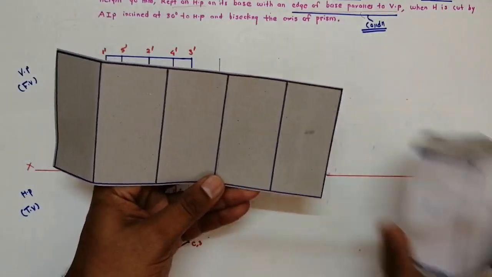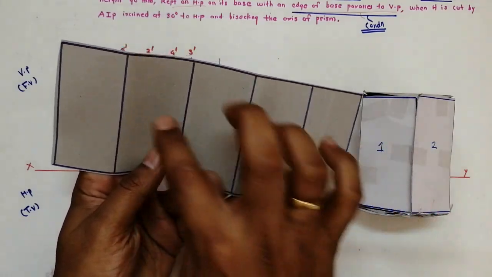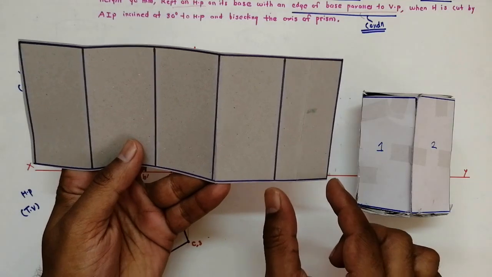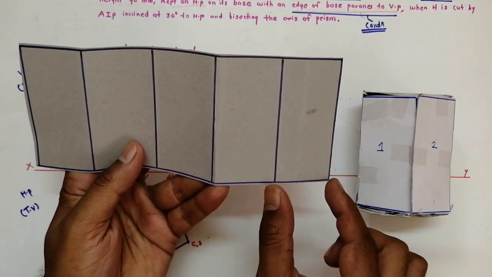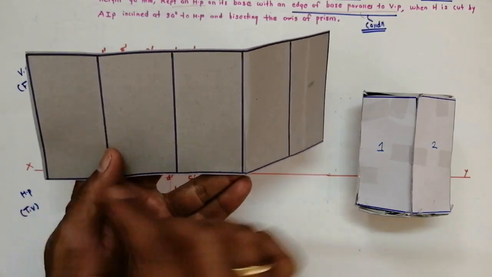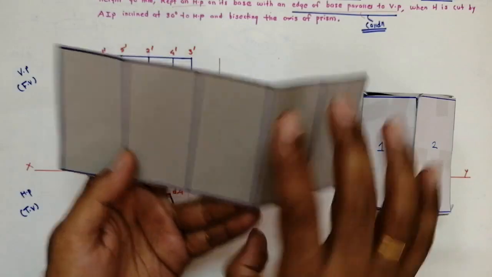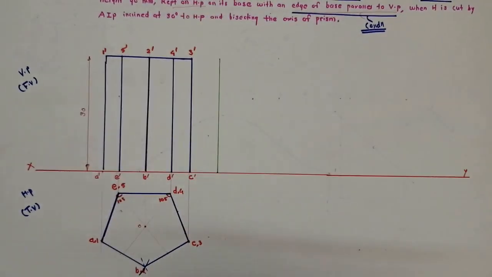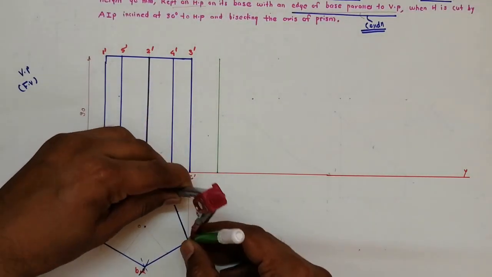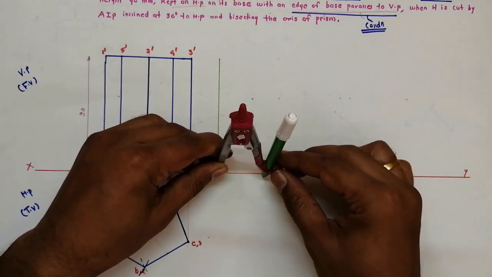When we wrap this paper around this pentagonal prism, we'll get 1 2 3 4 5 rectangles, each having the side distance. So this is 40, 40, 40, 40 and 40. Height is equal to 90. So 40 by 90, 5 rectangles. So take the side distance in the compass. This is 40. Since it is a pentagon, mark 5 intersections.